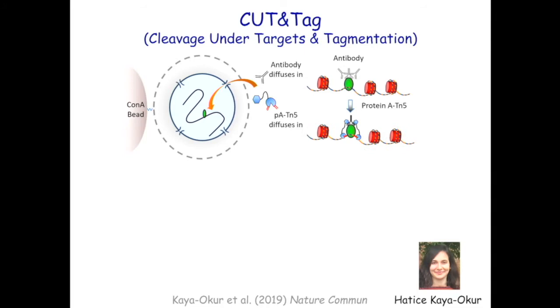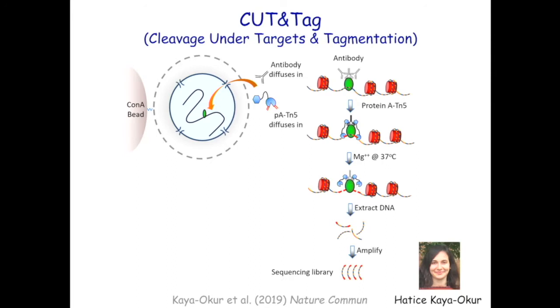Now, Tn5 is a cut and paste transposase that was developed by Illumina in their Nextera system, in which the transposase will insert sequencing adapters on the ends of sequences, so that eliminates the need to make libraries. It's also the basis for the popular ATAC-seq method, but here we're tethering it. So we just activate the enzyme with magnesium, we extract the DNA, we amplify, and make sequencing libraries.